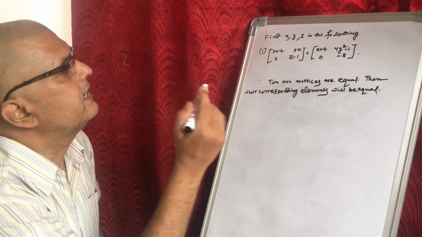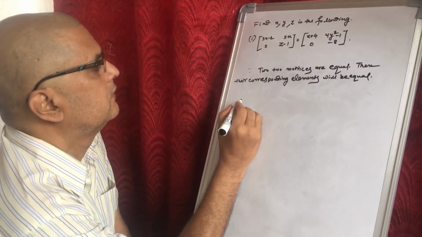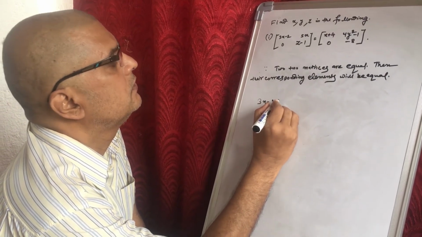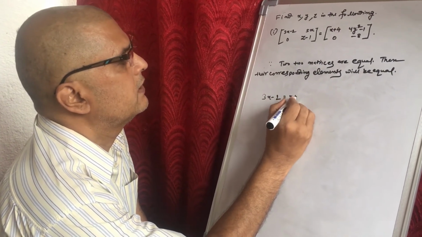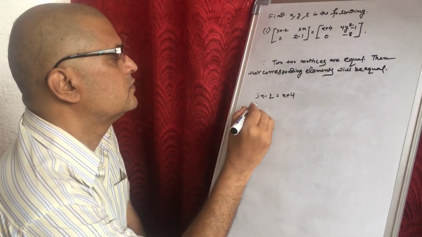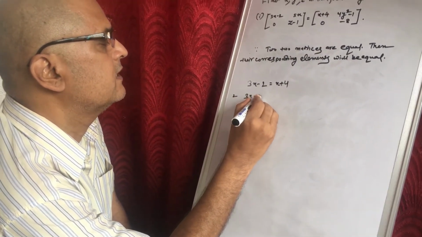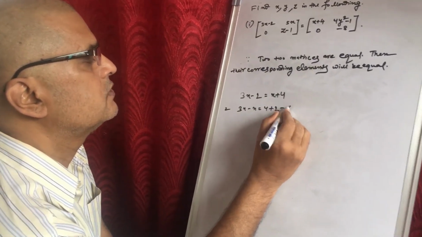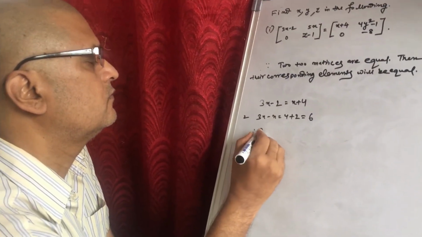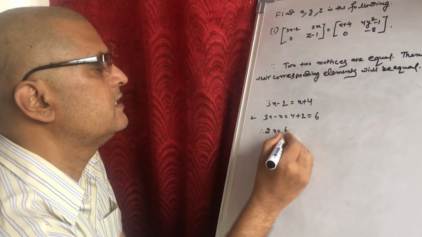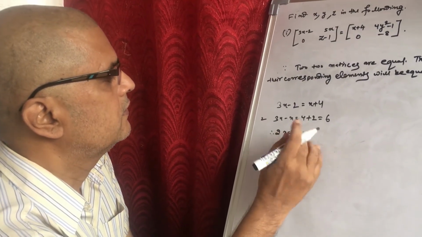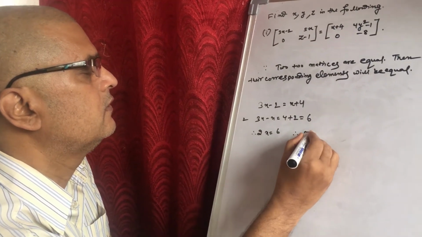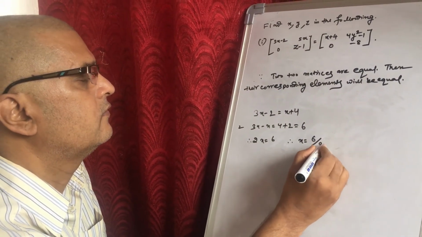So I have to write like this: 3x minus 2 is equal to x plus 4. Solving, 3x minus x is equal to 4 plus 2. So 2x is equal to 6. So x is equal to 6 by 2, that is 3.